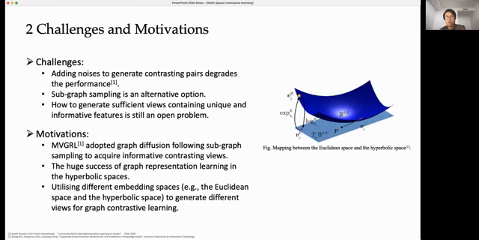There are two major advantages of the hyperbolic space. The first is that the hyperbolic space takes a smaller space to accommodate a given graph with complex structures, which means hyperbolic embedding has unique expressiveness compared to its counterpart in the Euclidean space.